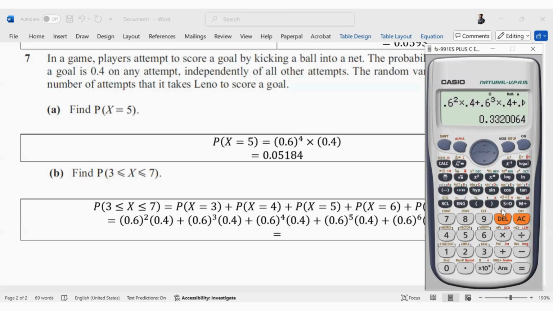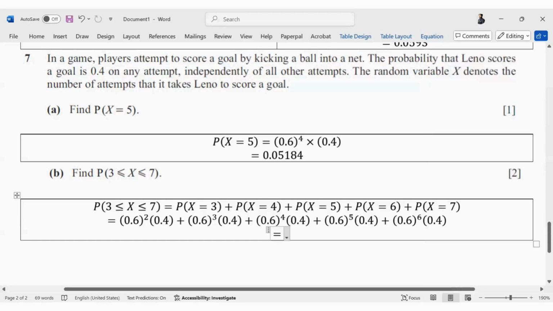So this gives you 0.332 correct to 3 significant figures.